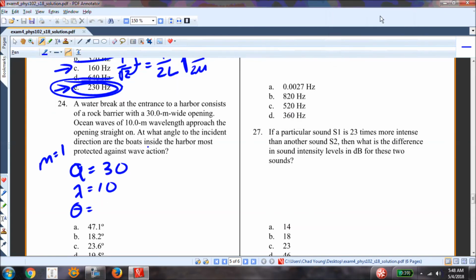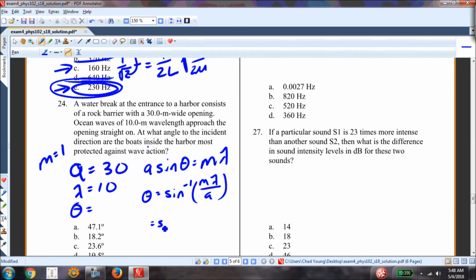Okay, so here I'm looking for theta, so I say a sine theta equals m lambda. And I'm solving for theta, inverse sine of m lambda over a. We're just going to choose m equals 1 first and see how that goes.